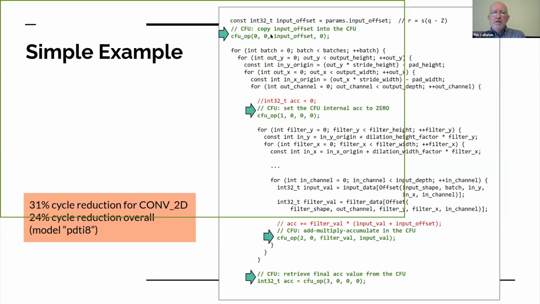So we have these new custom instructions for moving input offset into the CFU, here for zeroing the accumulator, and then in the heart of the innermost loop, we have this, I guess, third custom instruction, which moves the filter and input values in, does the operation, and finally, at the conclusion of this loop nest, we retrieve the accumulated value and continue on with that.